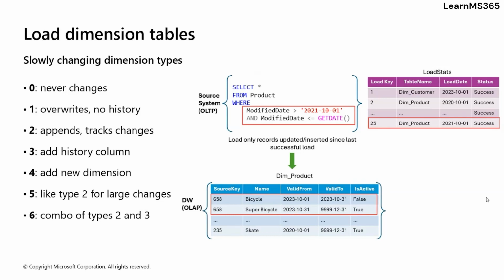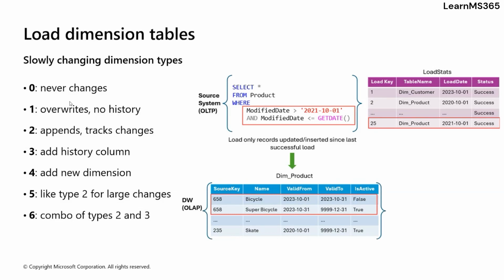There are several types of slowly changing dimensions in a data warehouse. Type 1 and type 2 are the most frequently used. Let's discuss all these slowly changing dimensions one by one. Let's talk about type 0 SCD. Here, the dimension attribute never changes.